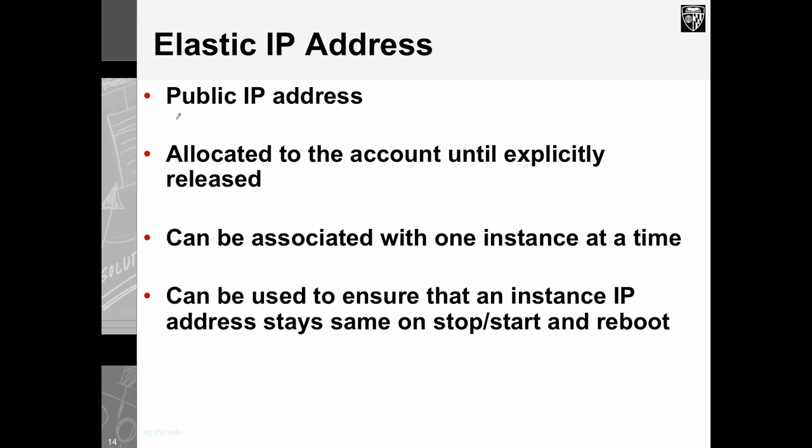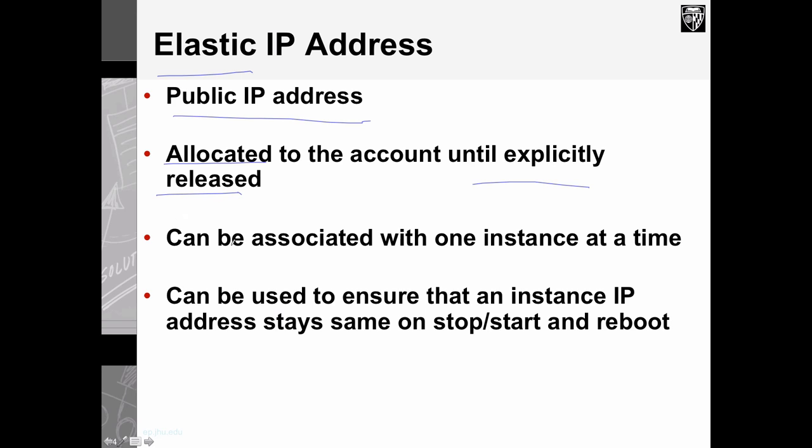So elastic IP addresses are also public IP addresses, just like the other public address we talked about. However, they are static IP addresses. So what that means is when you allocate an IP address to your account, until you explicitly release it or delete it from your account, that IP address stays in your account.